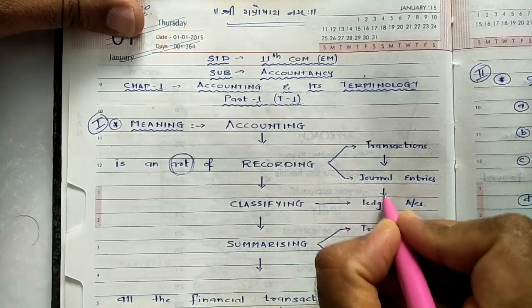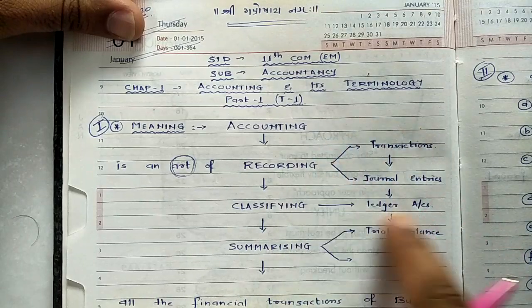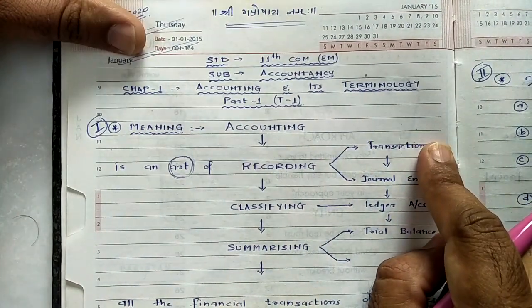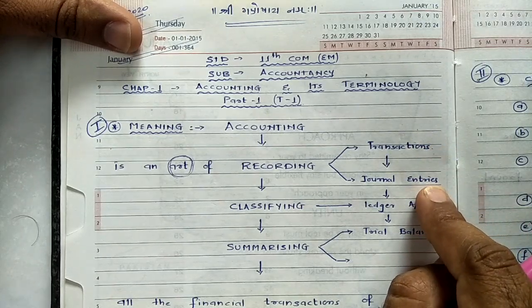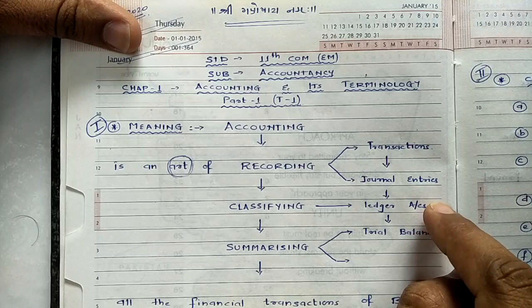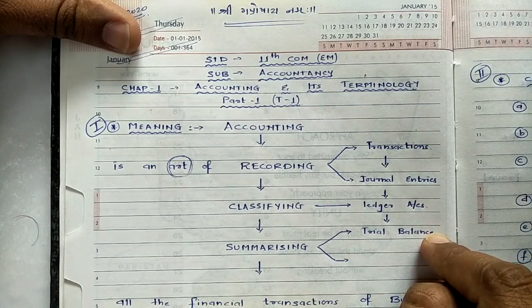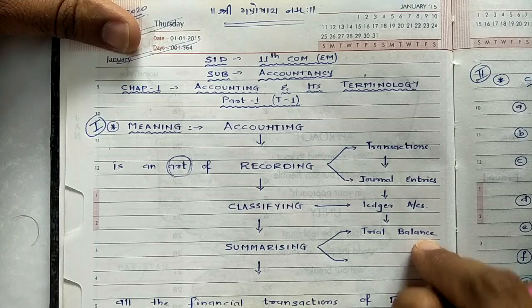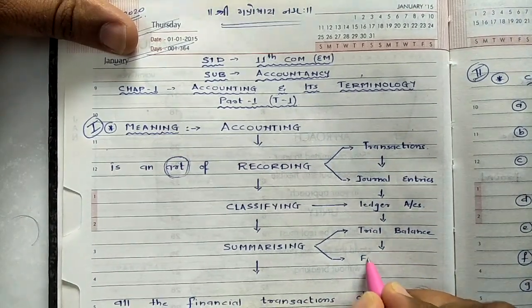So trial balance is basically prepared so as to know the arithmetical accuracy of the procedure solved up till now here. Like transactions, they have to identify it. After identifying transaction we need to convert it into accounting language. From it we are required to prepare ledger, and from ledger we will be preparing a statement which will help you identify whether you have committed mistake or solved everything in correct manner up till here. So trial balance is prepared, and furthermore trial balance also forms basis for preparation of final accounts.